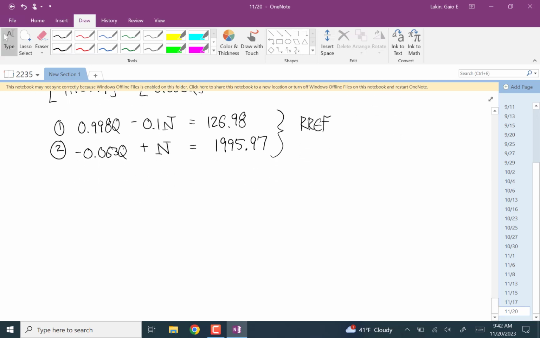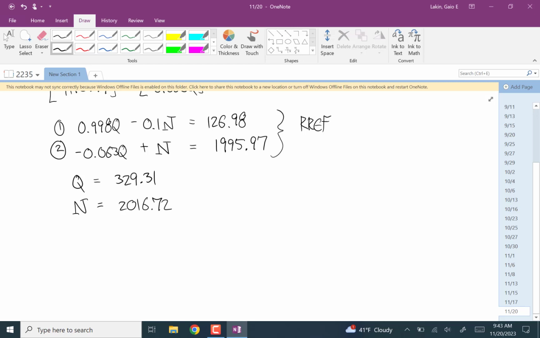And what you get out of this is Q is equal to 329.31, N is equal to 2016.72. That's not quite the answer we're looking for. The answer we're looking for is the couple.